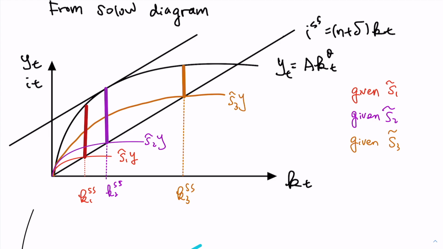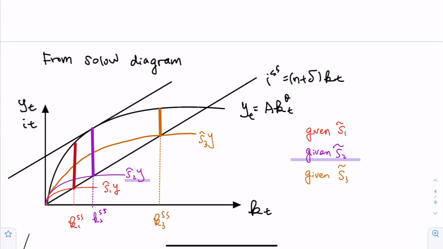Here you can clearly see that when we are given a saving rate s2 tilde, we get a capital star in the steady state that gives us the consumption that is maximized.